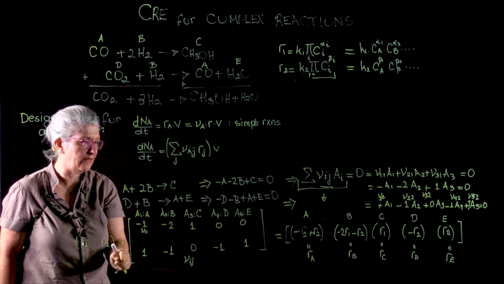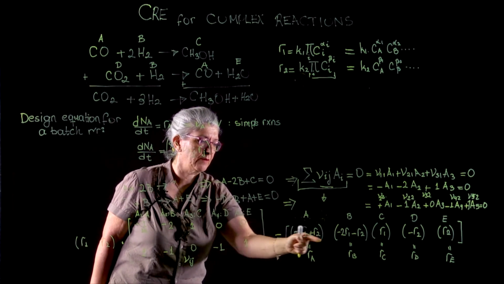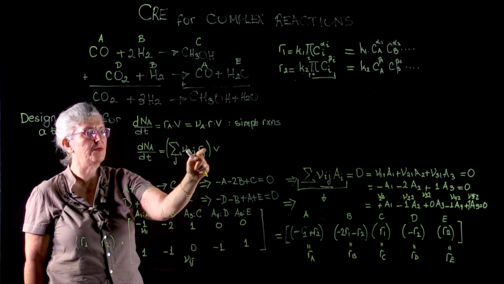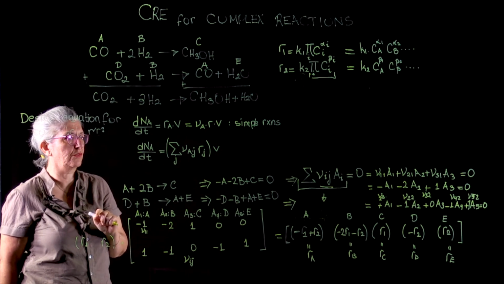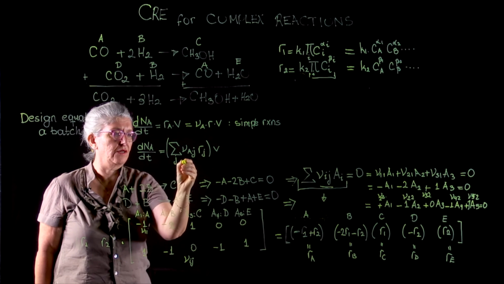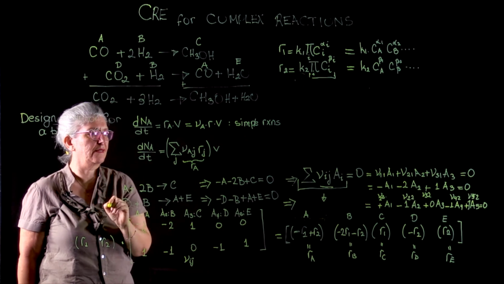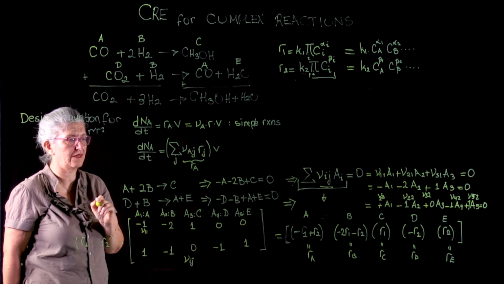It is this vector that I'm talking about, right? Nu AJ times RJ is equal to RA. This whole term is equal to RA.